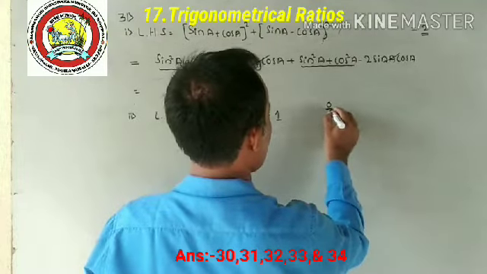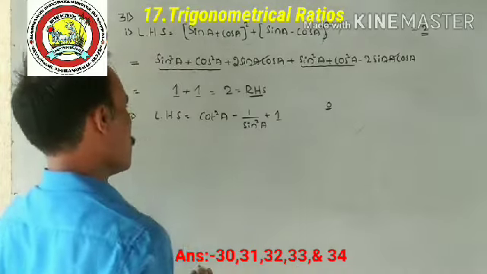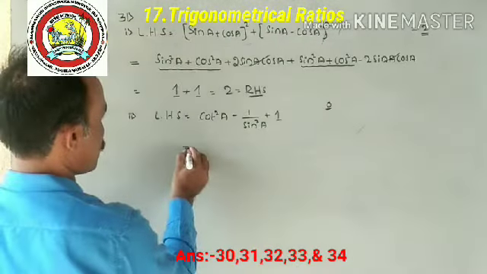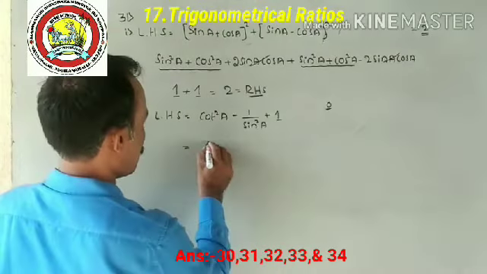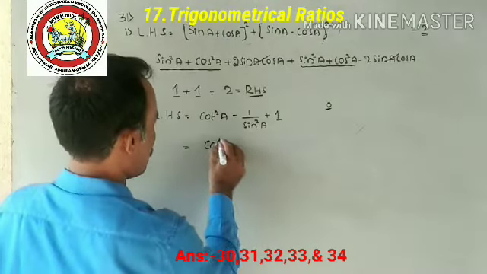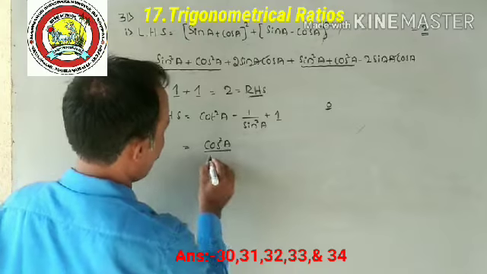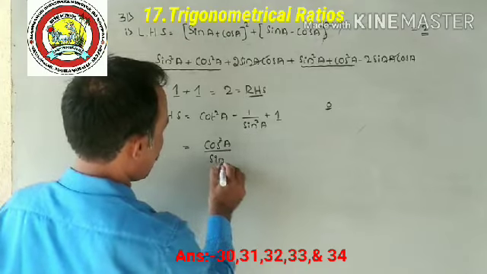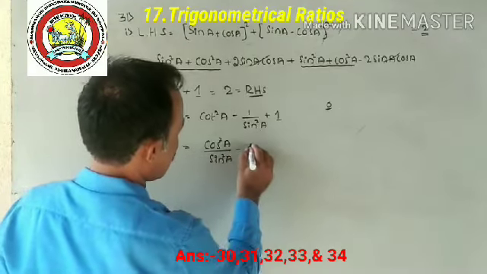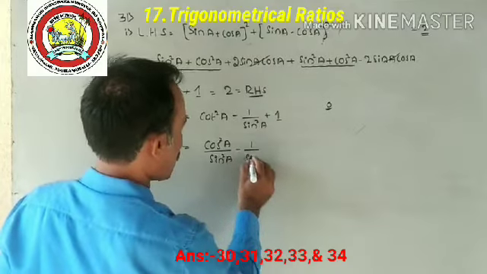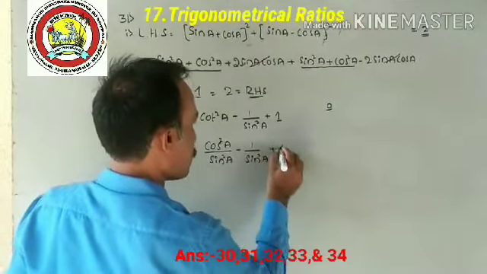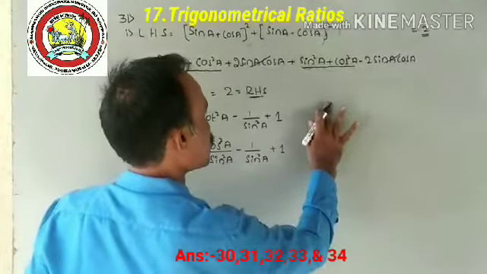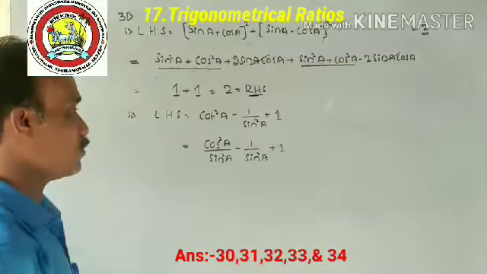Yes, again this is also simple. Cot square A can be written, by using quotient relations, as cos square A divided by sin square A minus 1 divided by sin square A, plus 1 as it is. Very important, keep as it is, don't disturb.